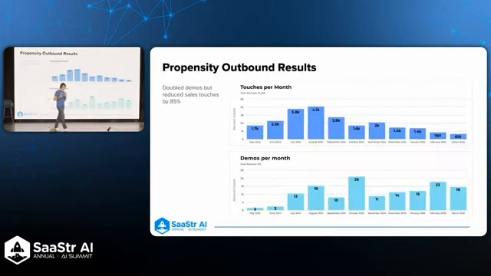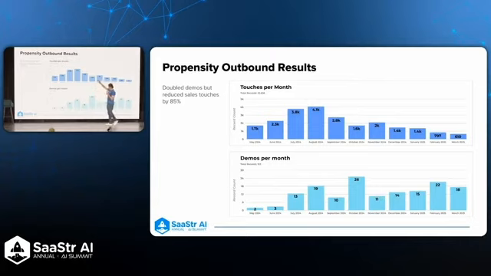So this is how it helped us. So you can see this is over the last almost exactly a year. We really ramped up our AI-driven or automation touches middle of last year, and they were just flooding the market with messaging, probably what a lot of your teams are doing right now.